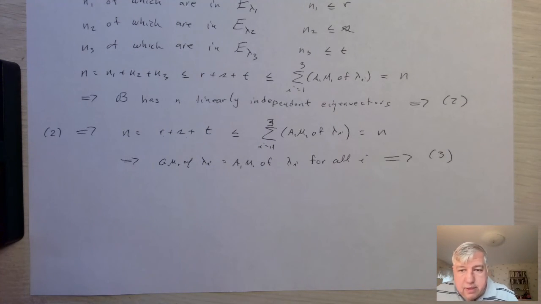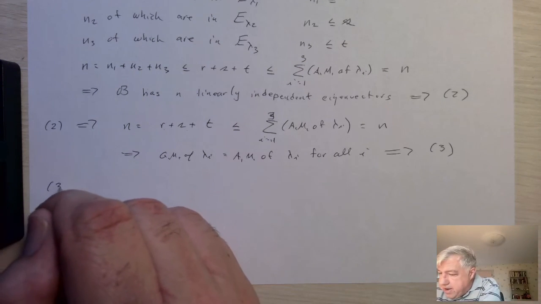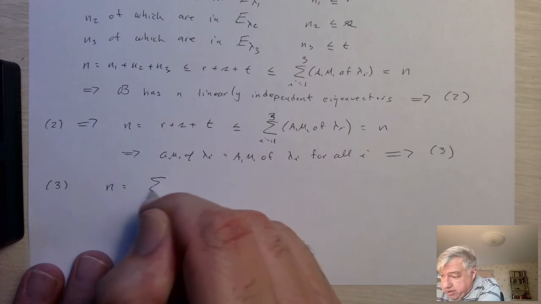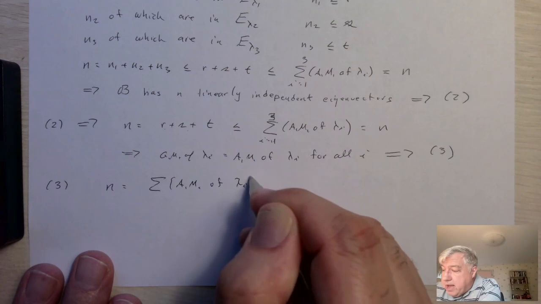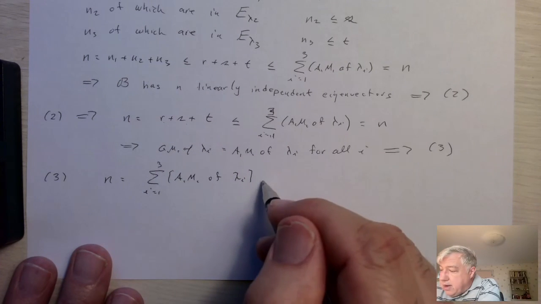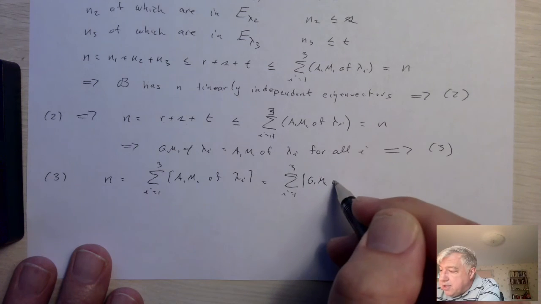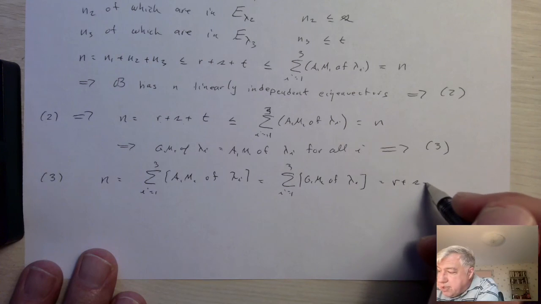Then finally, to show that 3 implies 1, it's not terribly hard either. If 3 holds, then n, which we already know is the sum of all the algebraic multiplicities of lambda I, as I goes from 1 to 3, is equal to the sum from I equals 1 to 3 of the geometric multiplicity of lambda I. But this is just r plus s plus t.